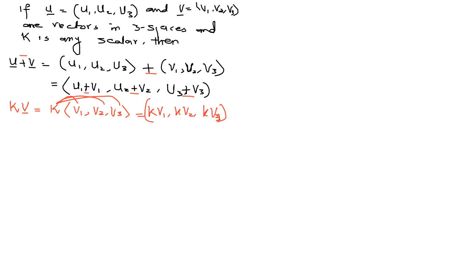Now, if two points are given, how can you find the vector from these points? This is the question: if two points are given, then how can you find a vector from that?